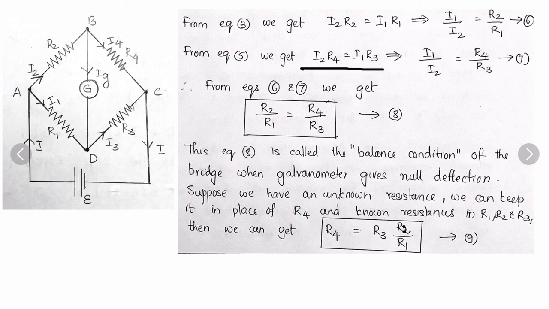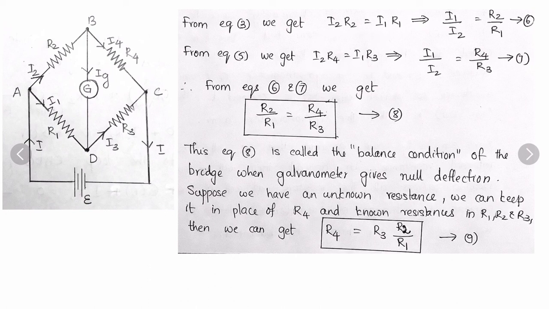Then once again take I2 this side, R3 that side. You will get I1 by I2 is equal to R4 by R3. That is equation number 7.